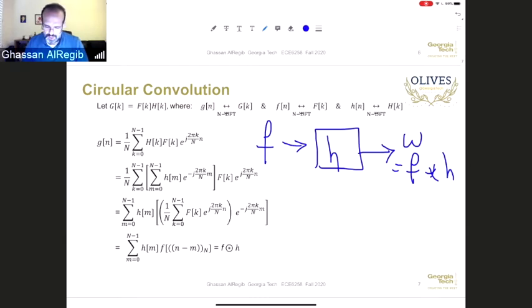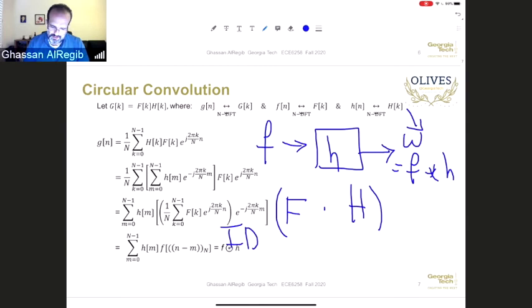What we would love to do is to compute this output by utilizing the DFT of F and the DFT of H. And the question is, if I multiply these together, and then take the inverse DFT of the result, will this be W or not?